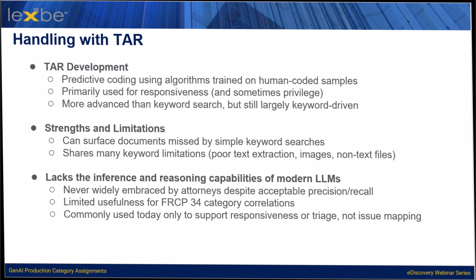But it can also suffer from the same shortfalls of keyword searching, including a failure on images and other unreadable types of documents. TAR also cannot apply the same degree of inference logic that the newer large language models do so effectively, and as a result, it may miss many documents that do not match TAR's identified weighted keywords.